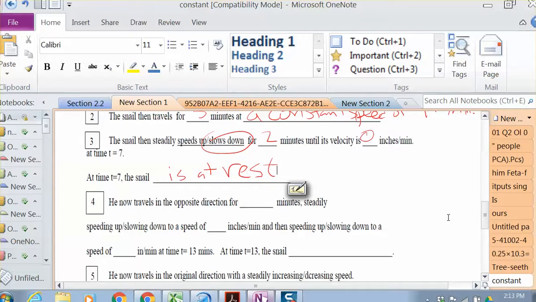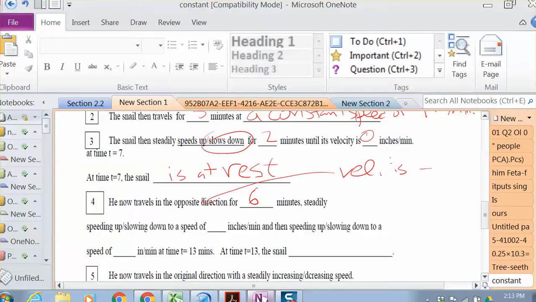Now it travels in the opposite direction for how many minutes? Well, 6 minutes actually, because velocity is negative. Remember, opposite direction velocity is negative. And it does speed up until it gets to, I think it's -9. Yeah. And then it slows down until it gets back to 0.